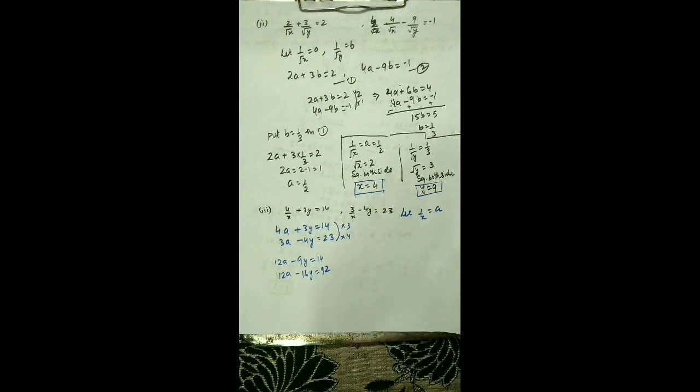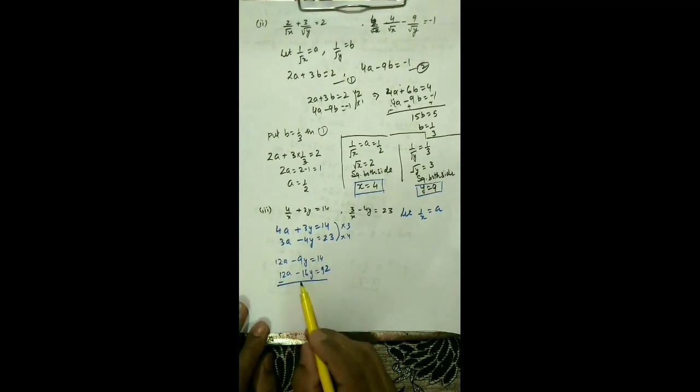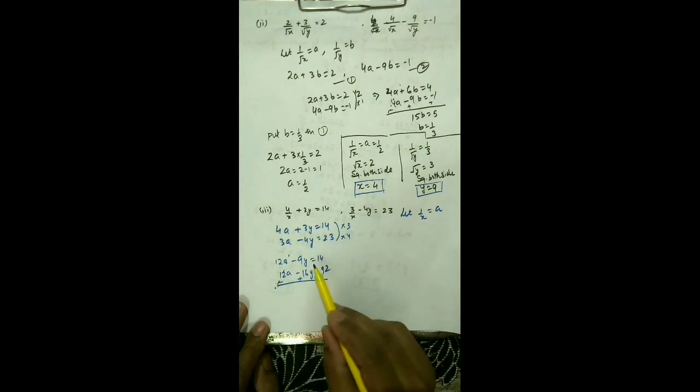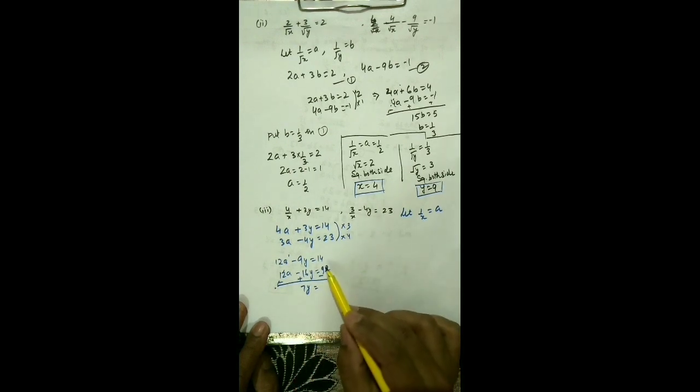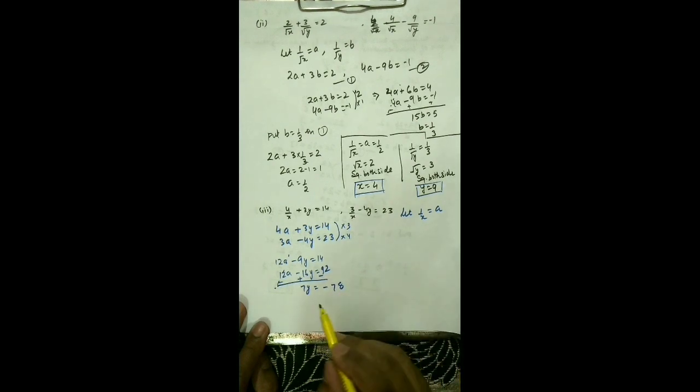So we can simplify this. This is minus, this is plus, this is minus, so this will get cancelled. 9y minus 16y, you can see the difference is 7y, and now 92, you find the difference.